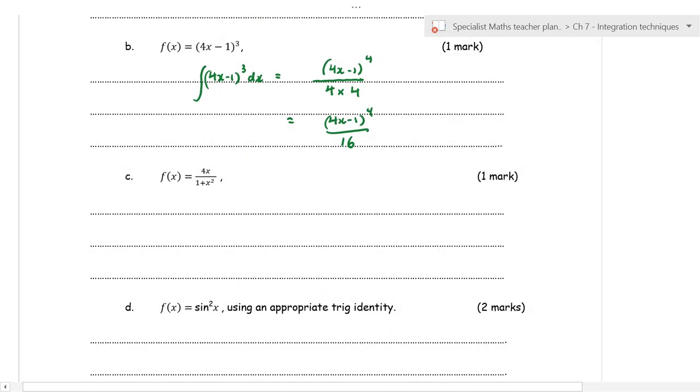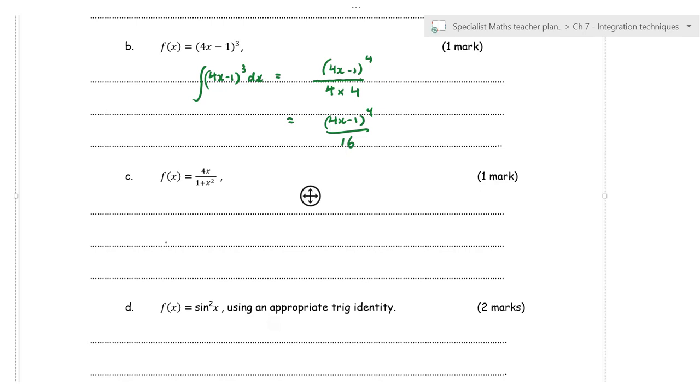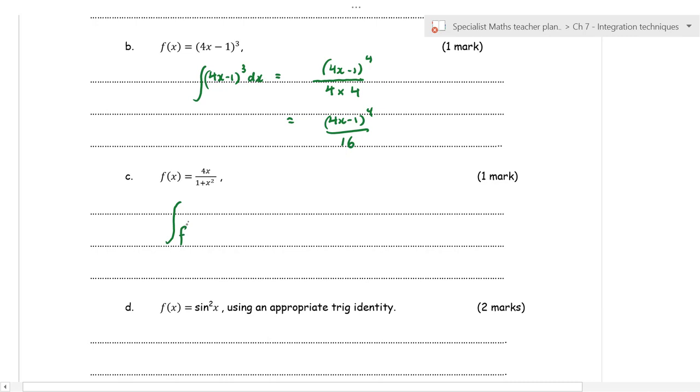Now, what do you notice here? What do you notice here with this guy? Can I just suggest that this is something that's not on the formula sheet, but it really should be, or you should at least acknowledge that it's not on the formula sheet, but it should be, and that is this: if I have f of x and its derivative, f dash of x dx, then that's going to be equal to log to the base e of f of x.